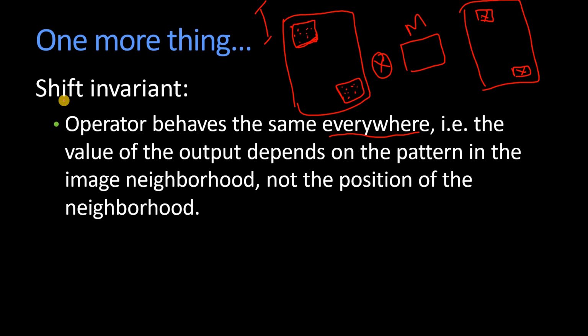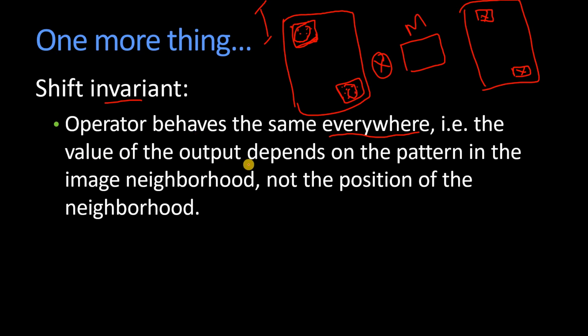Shift means to change, move. Invariant means don't care. So the operator doesn't care if we shift the position. If the input is coming from up or down, if the input is the same, the output should be the same. The result does not depend on the location. It only depends on the values.